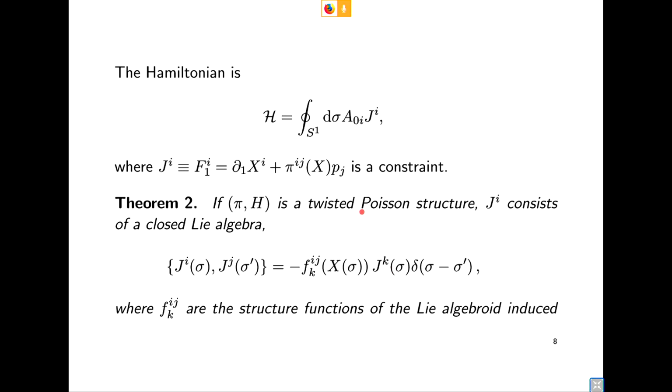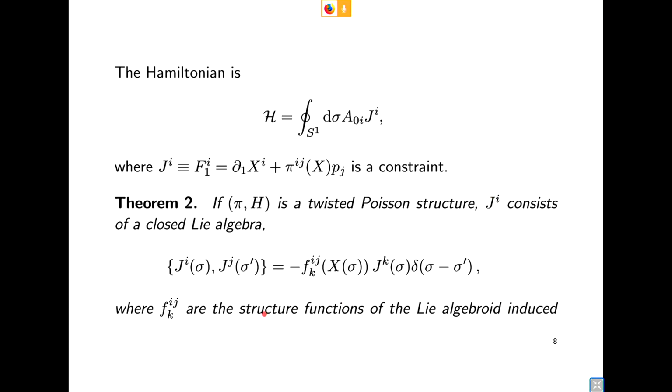So we consider the Hamiltonian formalism. This is a Hamiltonian, where J is a spatial component of the equation of motion explained before. This equal to 0 is a part of the equation of motion, so this should be consistent with the Poisson bracket.